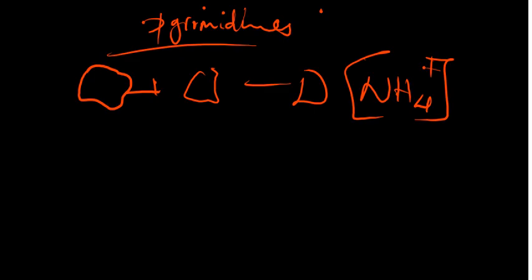It has to be converted to a different compound that's safer, for instance urea. So in this case, urea is then produced because of the ammonia that has been produced by the breaking down of those pyrimidines.